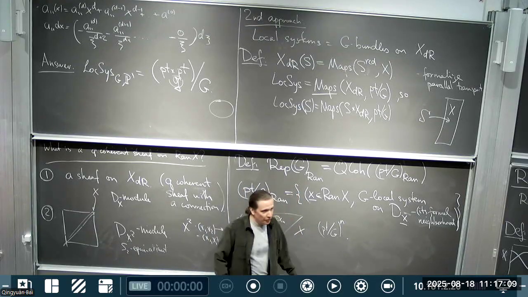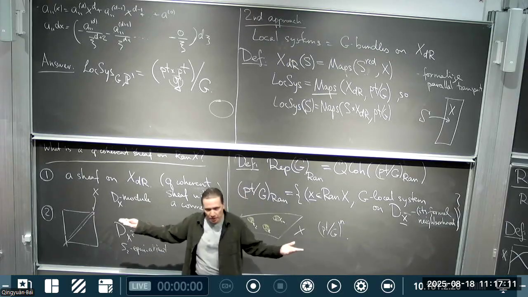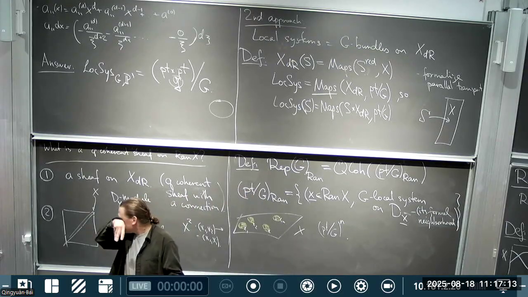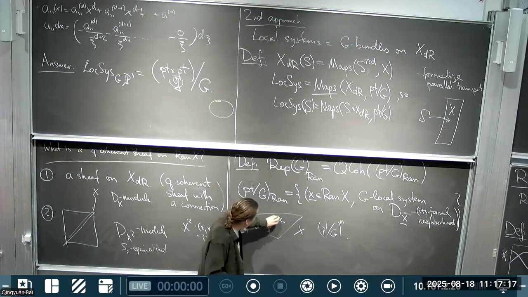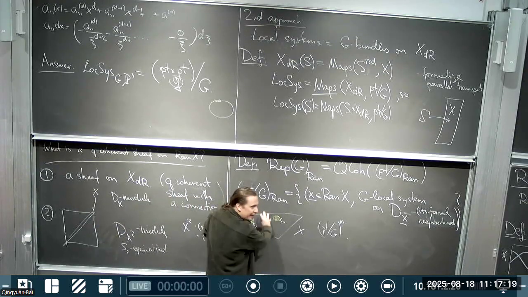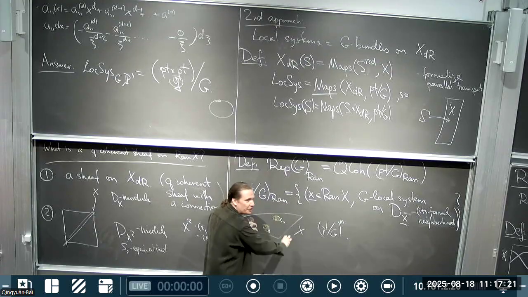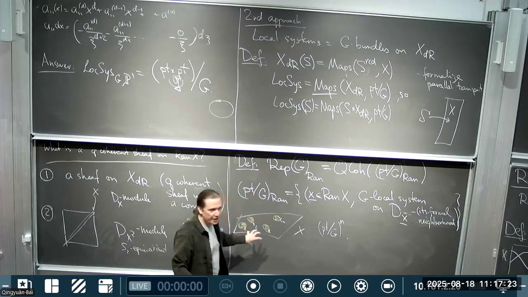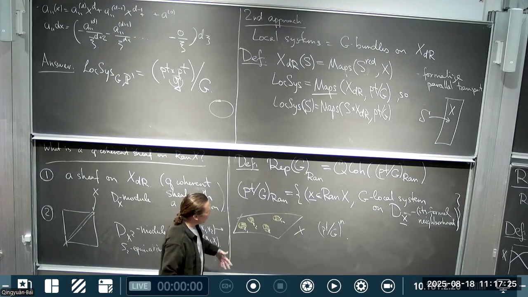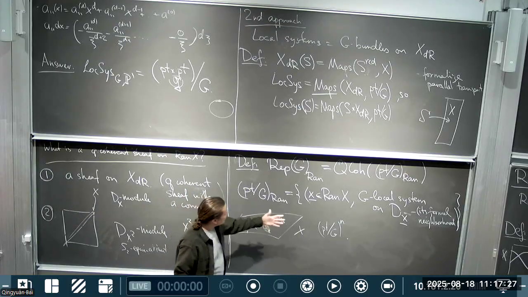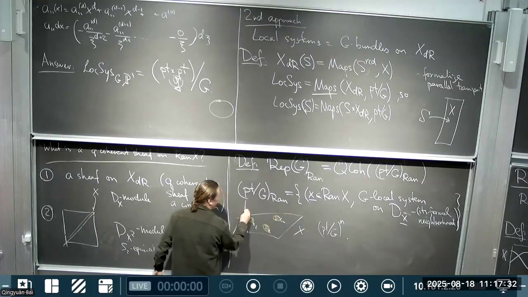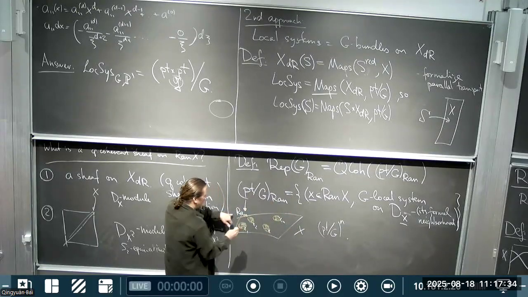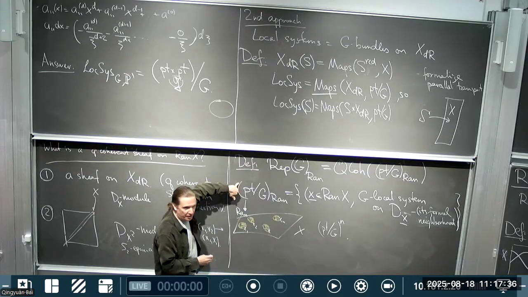So for example, if I have a local system on X, then such a local system will give me a compatible set of local systems on all of the little disks. So it will provide, if you like, a section of the map from the Ran space back into this thing.